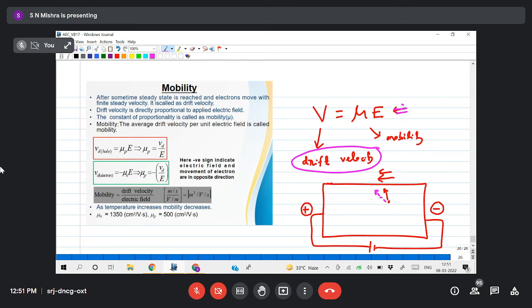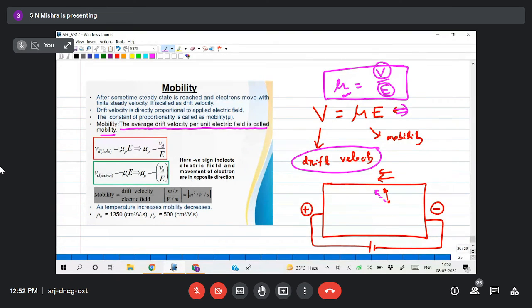Now from here if you want to find mu, then it will be V by E. So by this definition, the mobility of the carrier is defined as the average drift velocity per unit electric field, V by E. That means if I take 1 unit of electric field and count the average drift velocity of the carrier, then I can find the mobility.